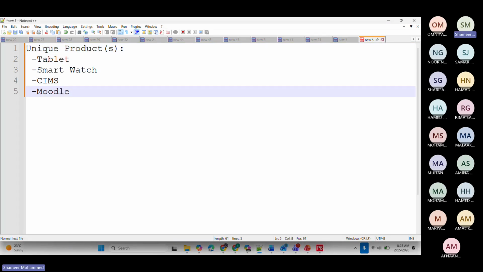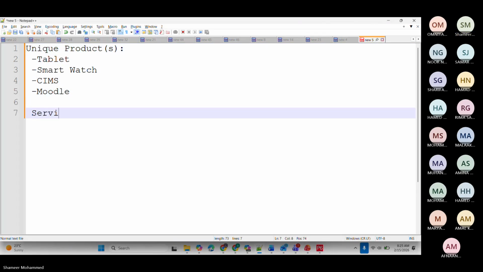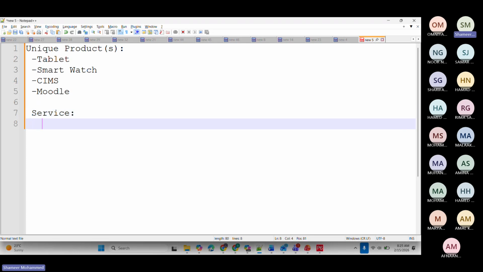What is the service? Service, for example, Omantel customer care. This is the service you are creating. You know what this customer care, Omantel, is? You will dial 1234.